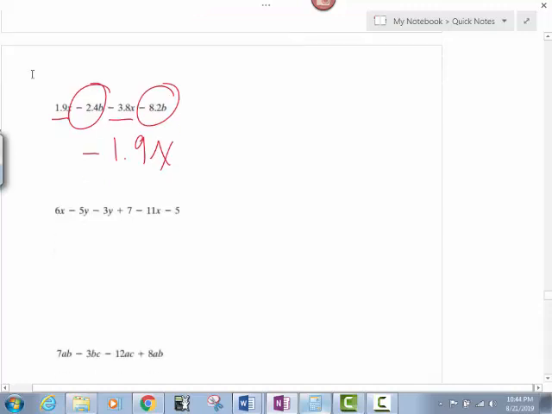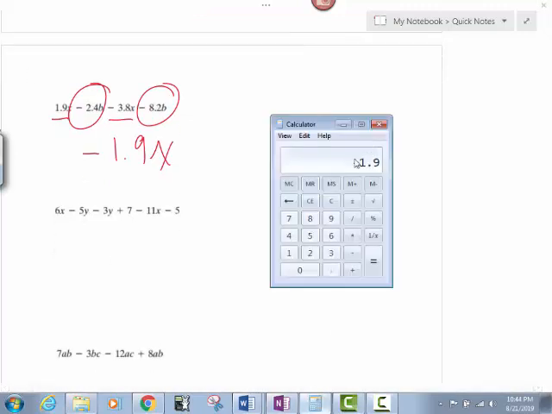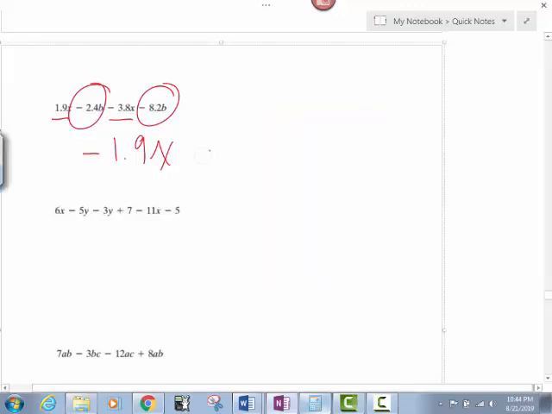Now let's do the b's. Let's clear this out. 2.4 minus 8.2 equals negative 10.6. Negative 10.6 with the letter b.